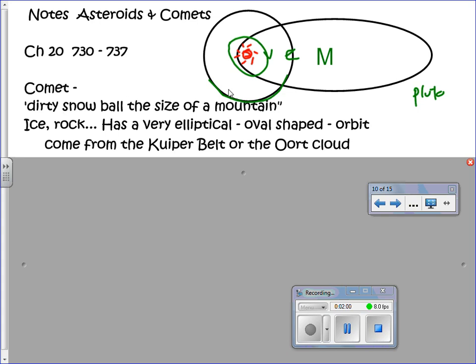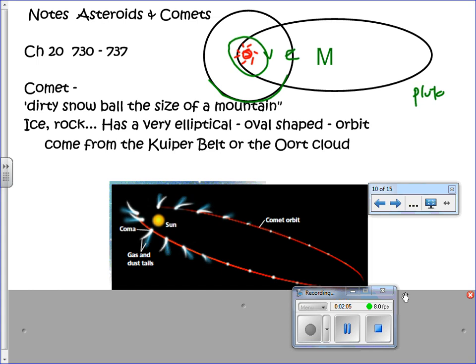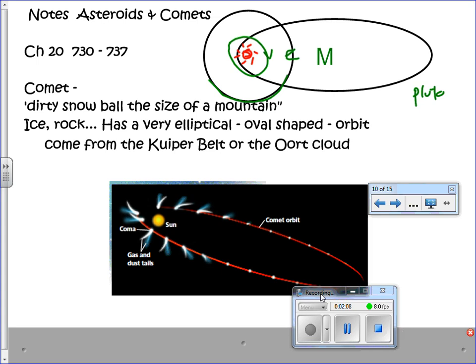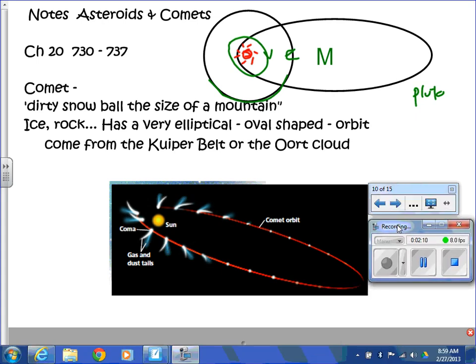As a comet comes closer to the sun, because it is made largely of water, comets are interesting because they have tails.